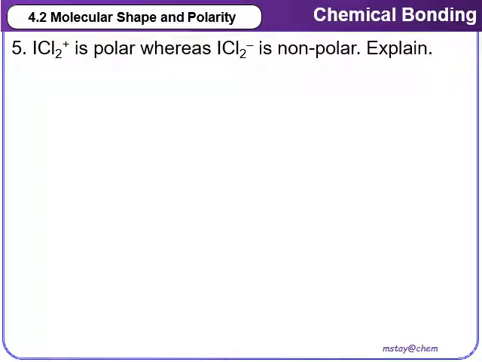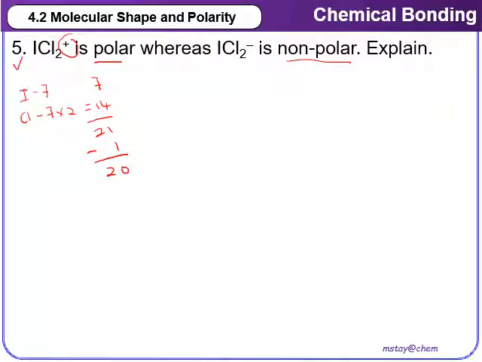Continue with question number 5. ICl2 plus is polar, while ICl2 negative is non-polar. So explain. Again, before we explain, we have to have the Lewis structure. Iodine has 7 valence electrons, chlorine also 7. So the total is 21, plus it shows that it is going to lose 1 electron.